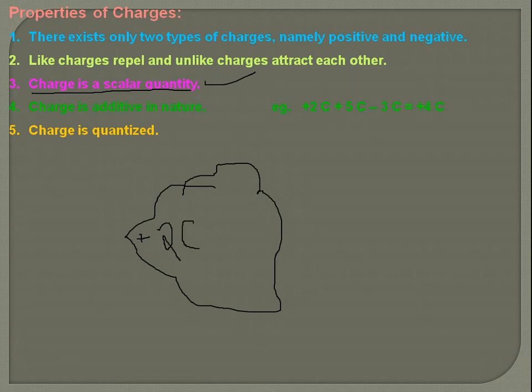At this region, the body has 5 coulomb charge, and at this region, the body has negative 3 coulomb charge. So the net charge on the body will be the algebraic sum of all the charges present over the different regions of the body.